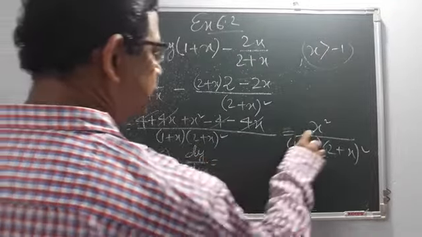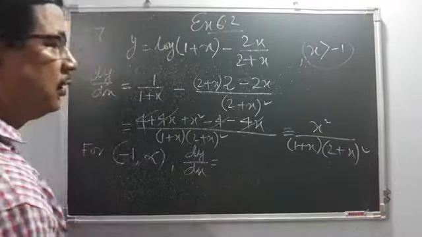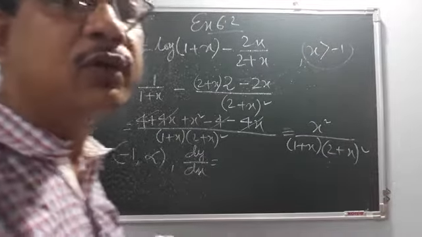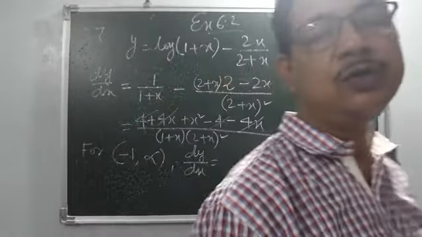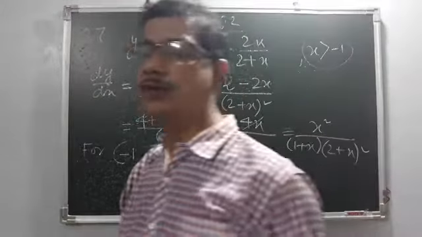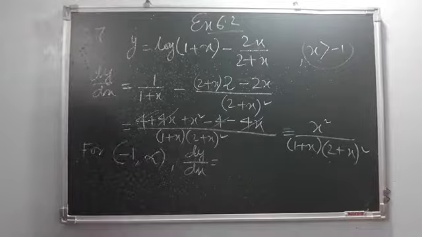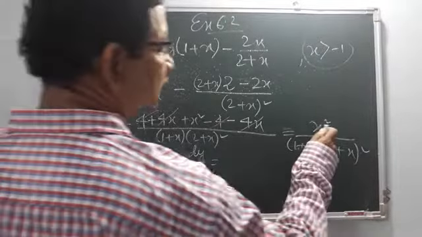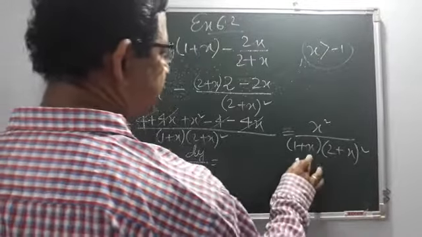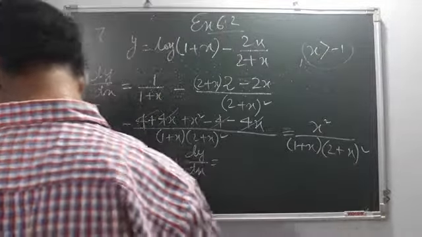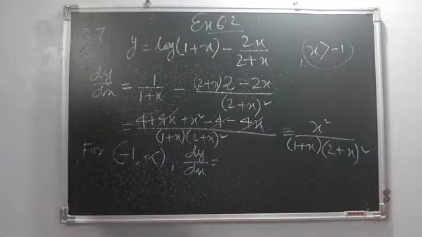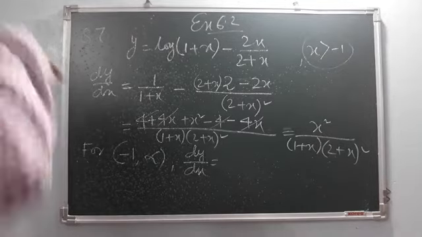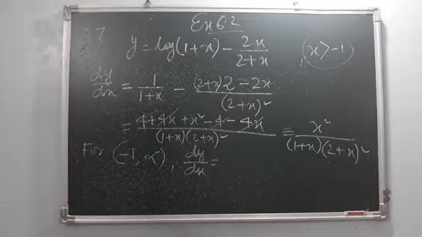If we put any value greater than minus 1, 0, 1, 2, 3, 4, 5, 6, for convenience suppose we put 0, which is also in this interval, this will give a term greater than 0.